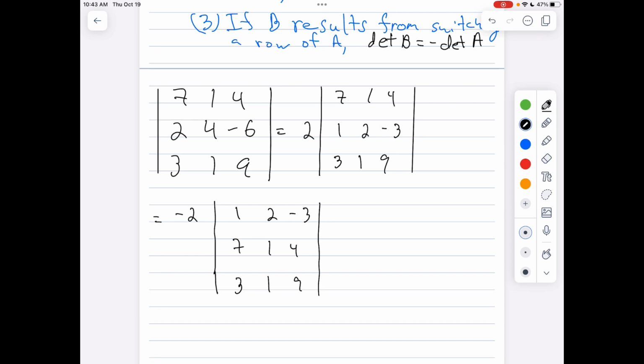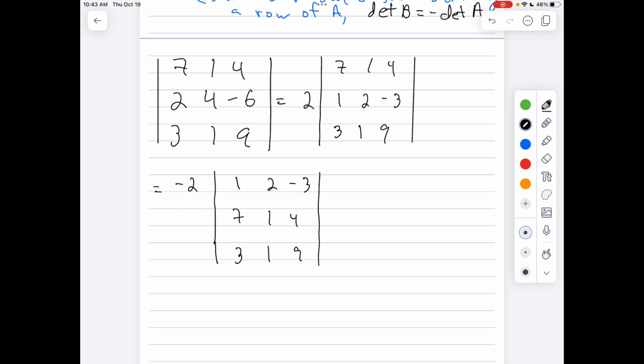All right, and what I can do now is as follows. I can make the position where the 7 is into 0, and the same thing where the 3 is. The way we do that is by multiplying the first row by negative 7 and adding it to the second row. So you take negative 7 times row 1 plus row 2, and that's your new row 2.